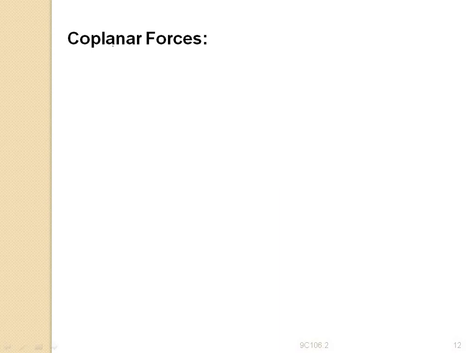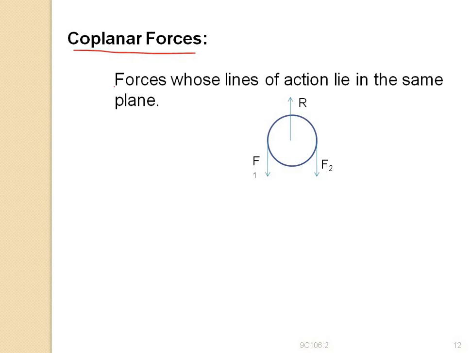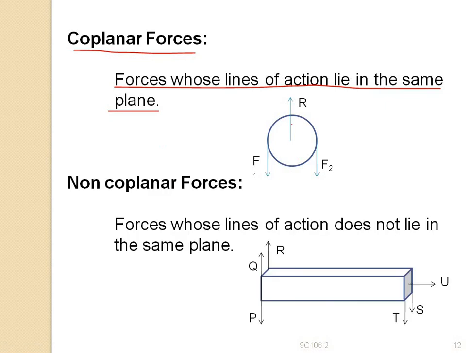Let us see the first one, coplanar forces. These are forces whose lines of action lie in the same plane. Here a circle is given, and these are the forces F1 and F2.